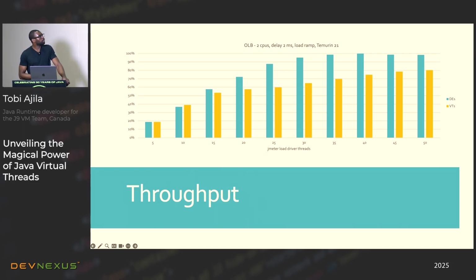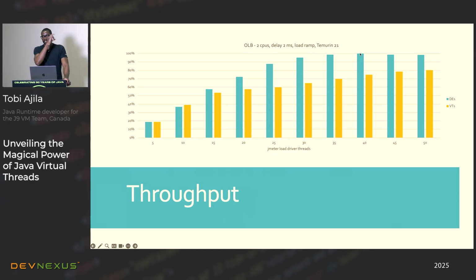In this example, we've got load driver threads on the x-axis. As you go to the right, we increase the load. And on the y-axis is a percentage of the highest score. The highest score is at 40, and everything else is a percentage of that score.